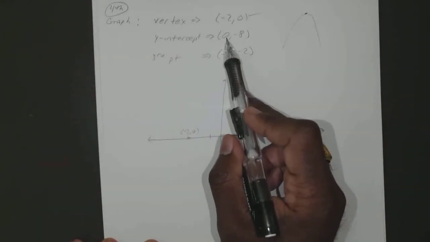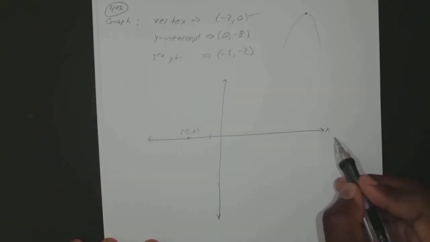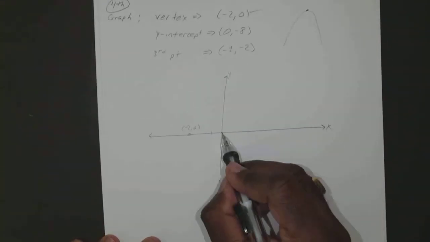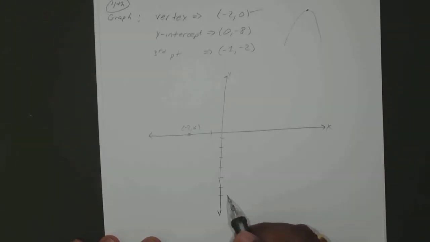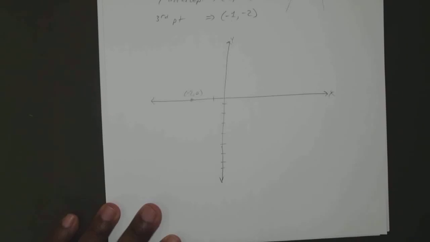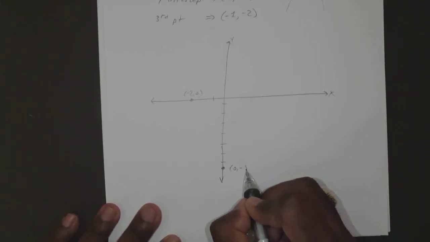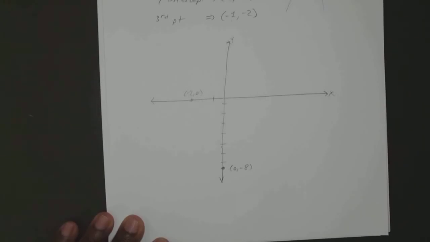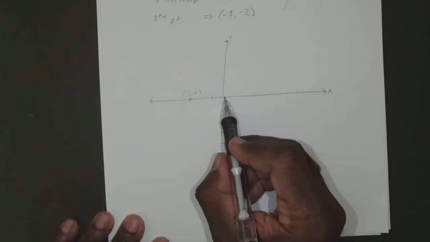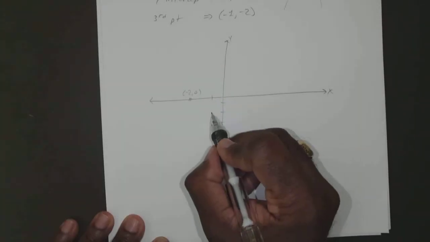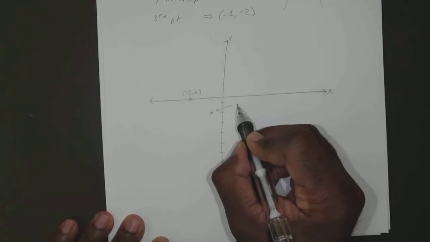Our y-intercept is 0, -8, so x is 0, y is -8. 3, 4, 5, 6, 7, 8. Okay, so this is our 0, -8. And we have -1, -2 as our random point.